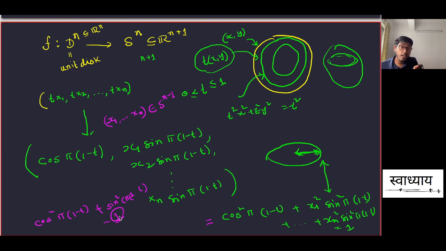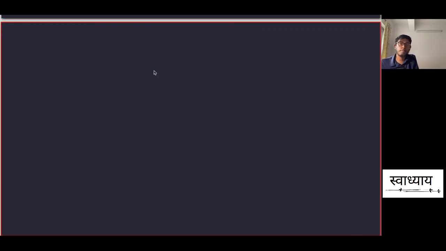And you see that if I take t to be like 0, so let's write the map clearly here. f of x1 dot dot xn maps to cosine pi into 1 minus t, and the rest of the thing, so I can write this as x times sine pi into 1 minus t.